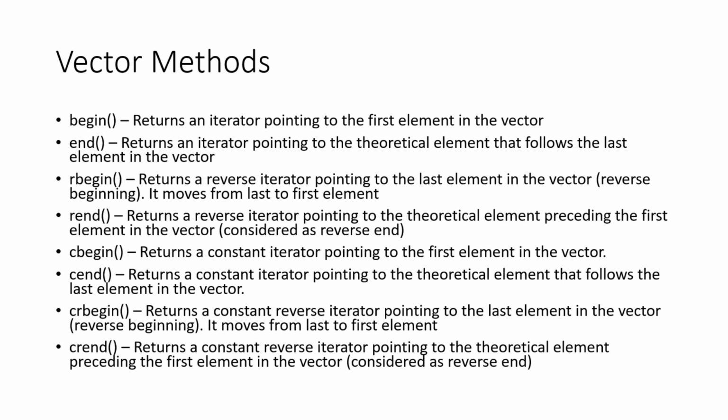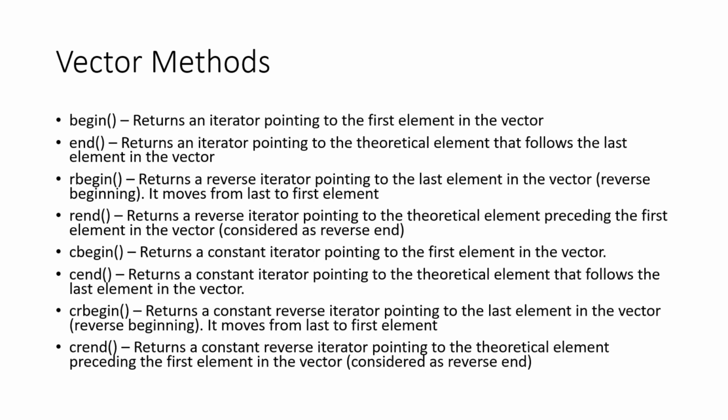So with these end iterators, if you actually want the element, you need to subtract from it or add to it depending on where you are. I did mention, cr begin returns a constant reverse iterator pointing to the last element.